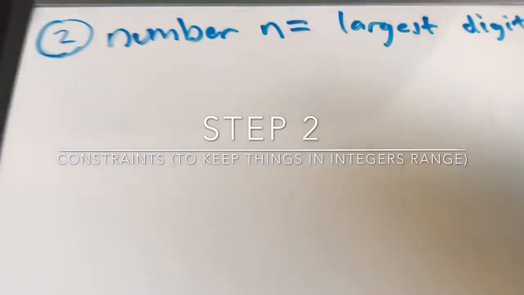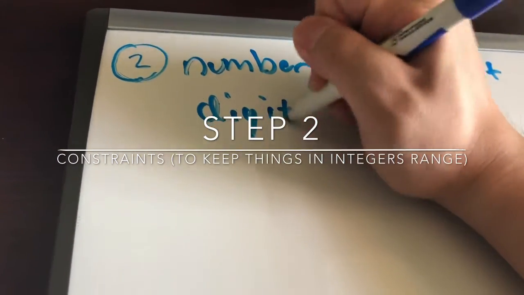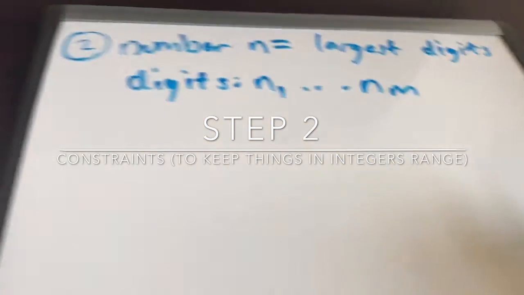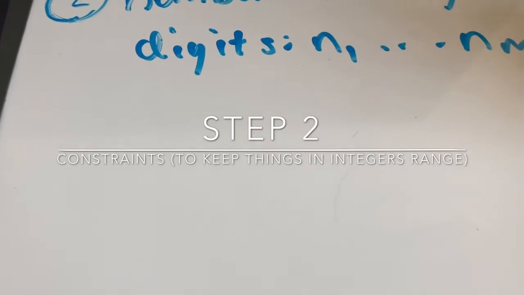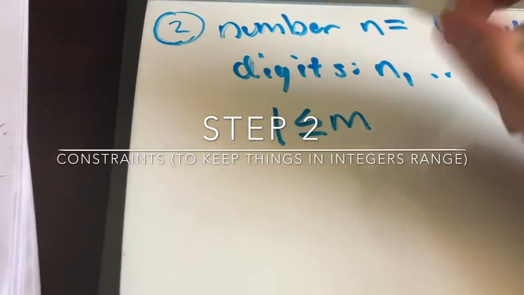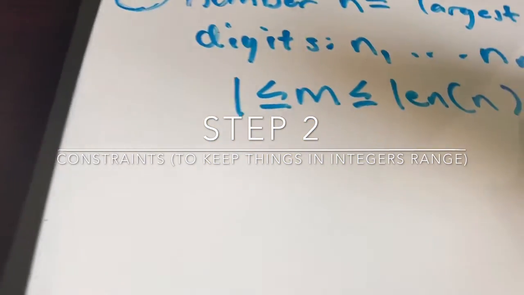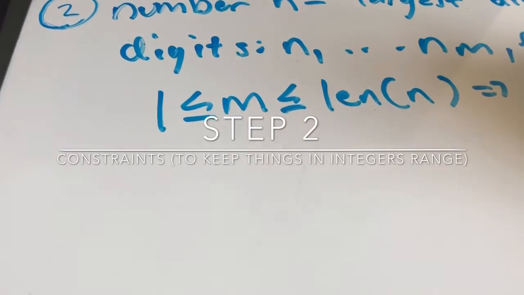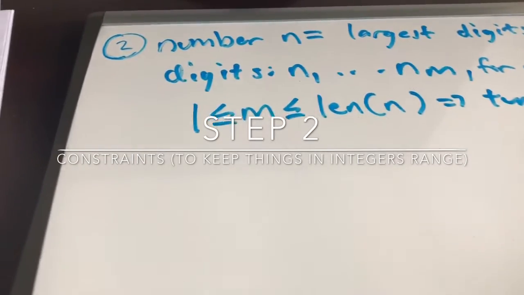So that means you have, for example, the digits of n, n1 to nm for m digits. Of course, m can be at least 1 up to basically the length of n as a string. So if you turn this into a string, that's what happens. That's where LeetCode string operations come in.